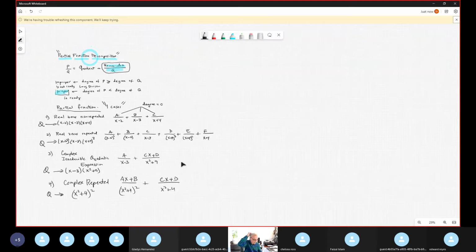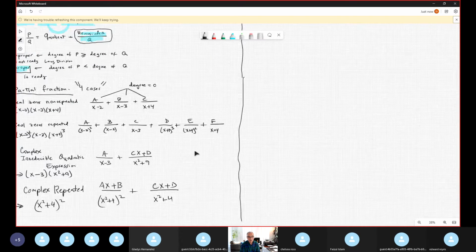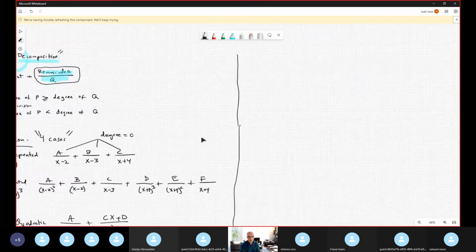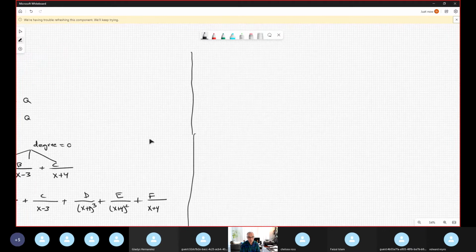I want to do the first example in both directions to understand very, very well. You need to understand what partial fraction decomposition means and what finding the least common denominator is. So you have two fractions, and these two fractions have different denominators or not necessarily, and you find the LCD and you condense them into only one fraction.